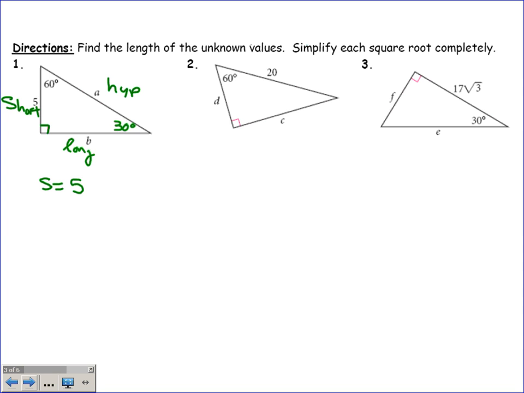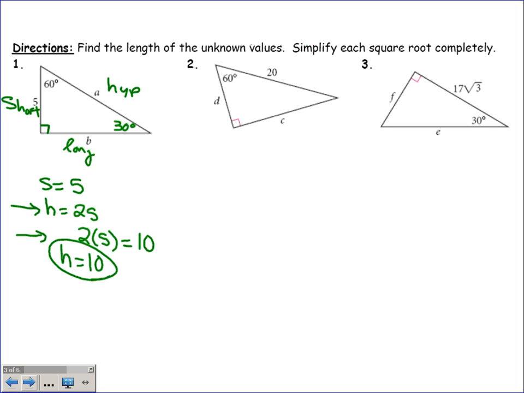So the short leg equals 5. We already know that. That means that our hypotenuse is always just 2 times s, or 2 times 5. Sorry, my 5's and s's look very similar. So that would be now 10. Our hypotenuse equals 2 times s, that says 2 times 5.